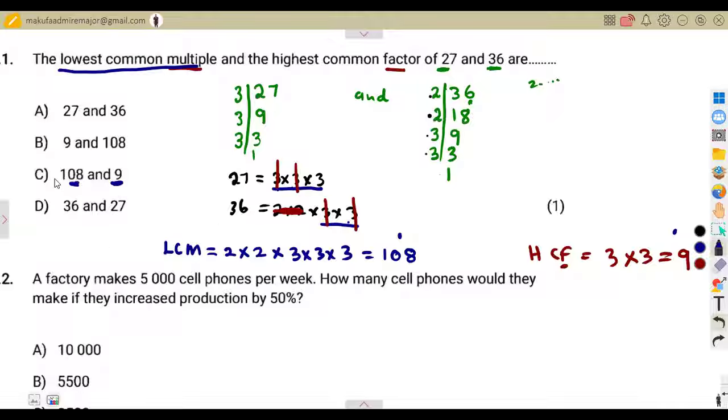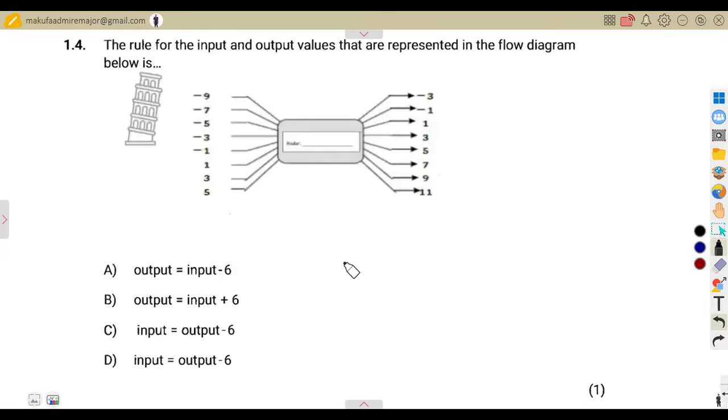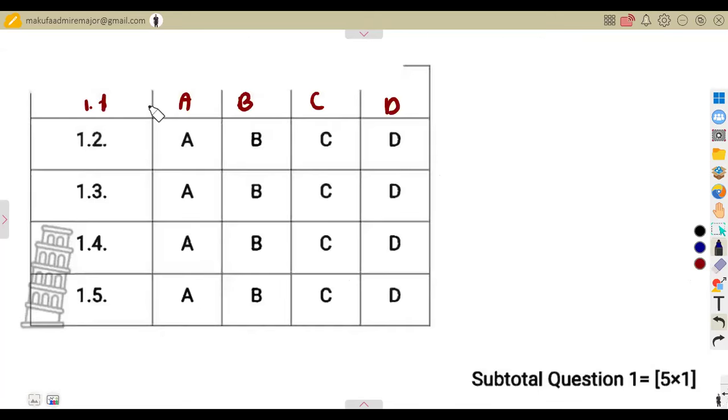So our answer is C. We are going to circle our answer at C, as the instruction says that you must circle your answer. So for 1.1, you just circle your answer at C, just like that.